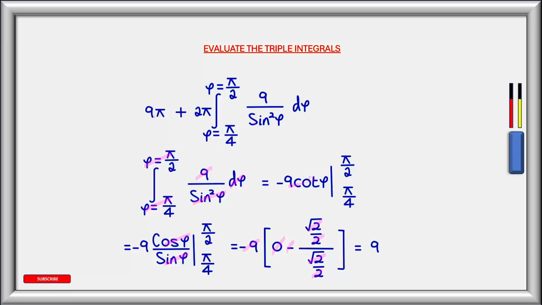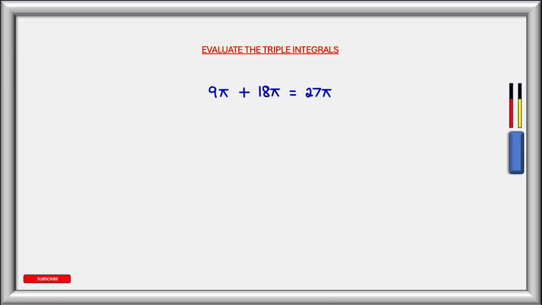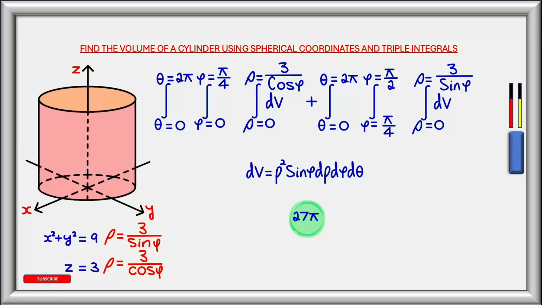And this equates to 9. If we multiply by 2 pi, we get 18 pi. And if we sum the two triple integrals, we have 9 pi plus 18 pi, and this equals 27 pi. And so the volume of our cylinder equates to 27 pi cubic units.